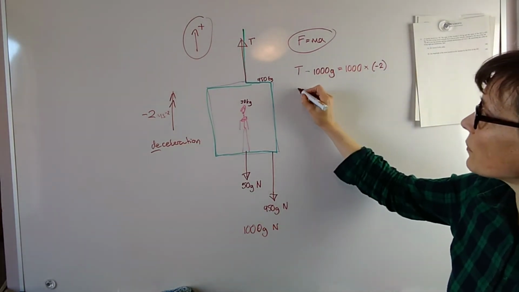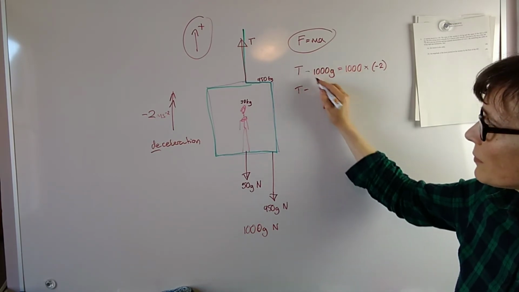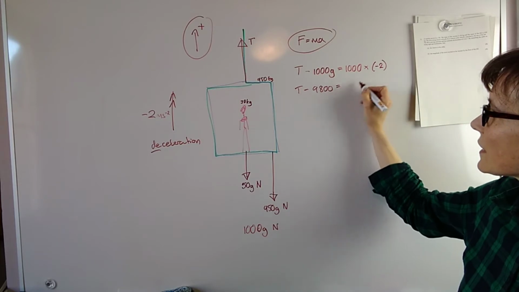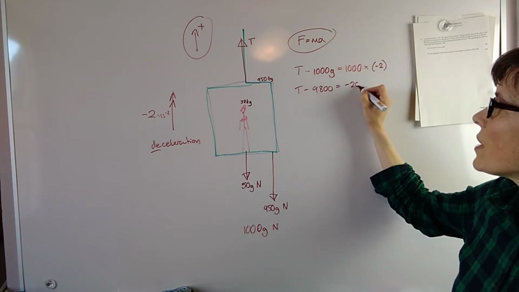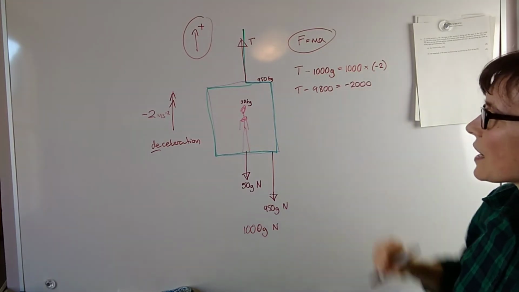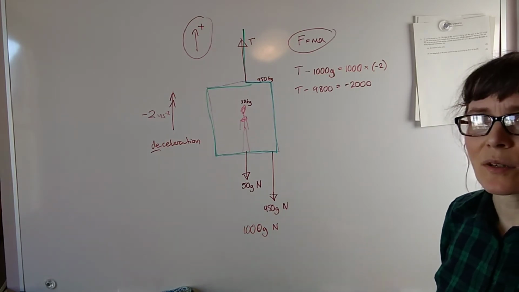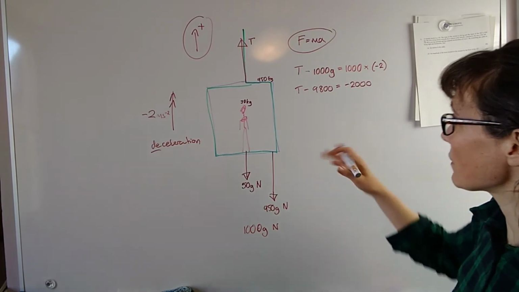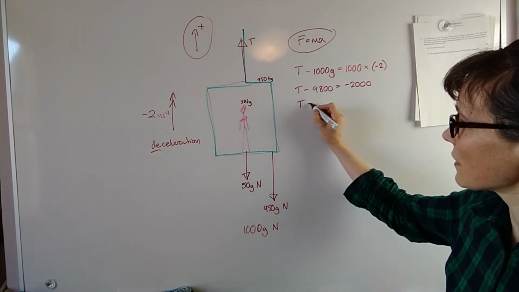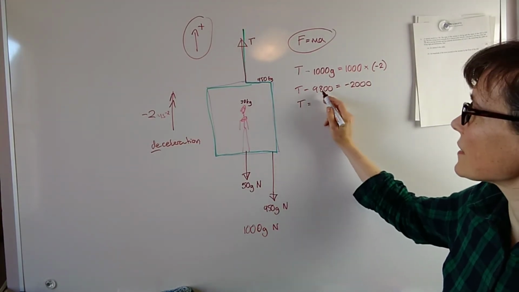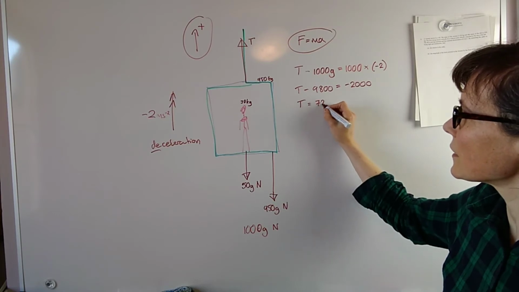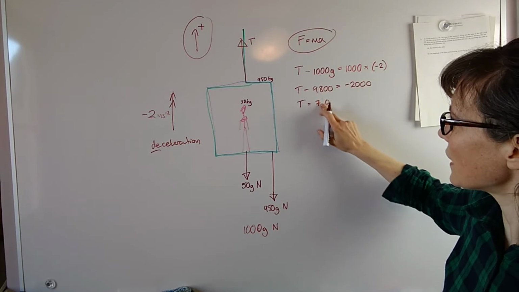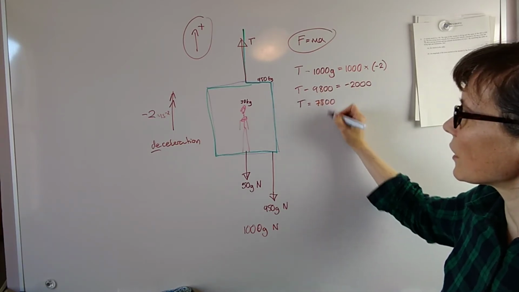Okay, so what we've got, if I multiply that by 9.8, I get that. On this side, I've got minus 2000. So because I've taken up as positive, I've ended up with some minus signs in there, but that's okay. You'll see they disappear. If I add this to both sides, I get 7800 newtons.